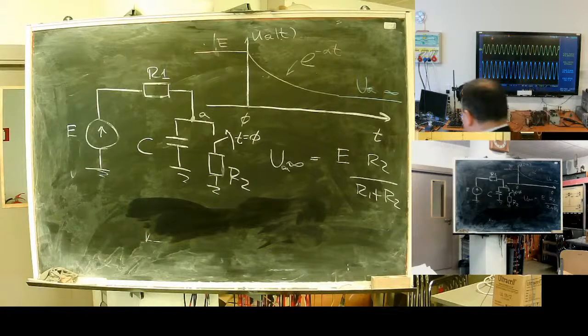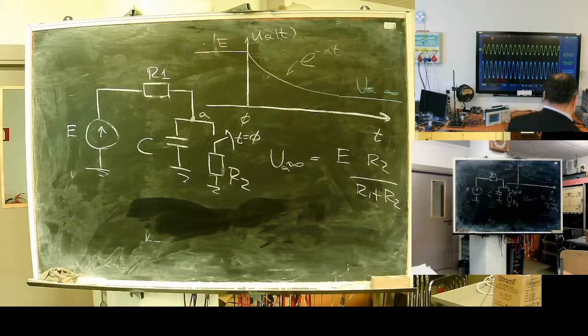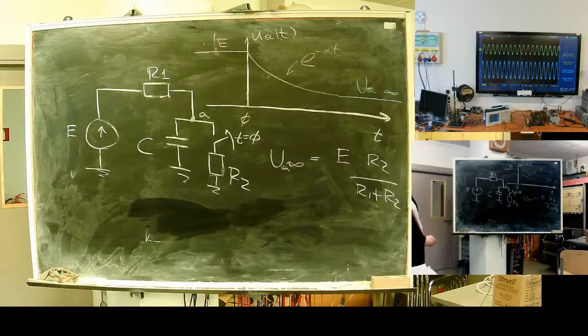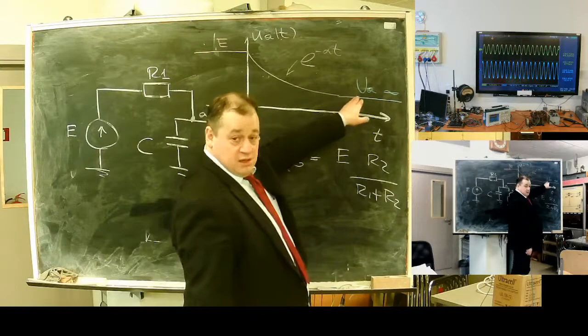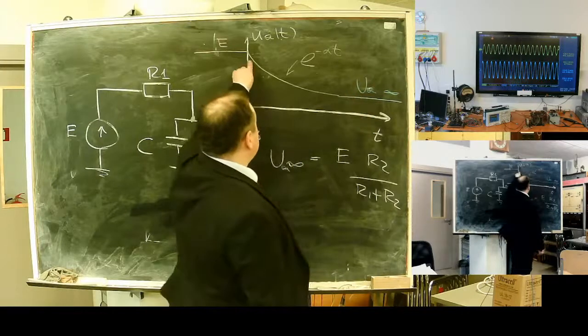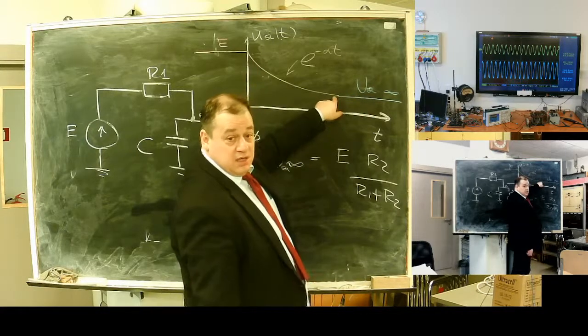It's the state of the system when all transients are ended, the new stable one. Between pre-commutation and the new stable state, we have a transient part.